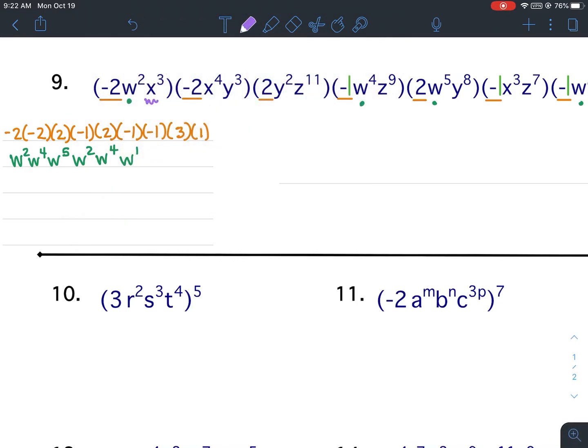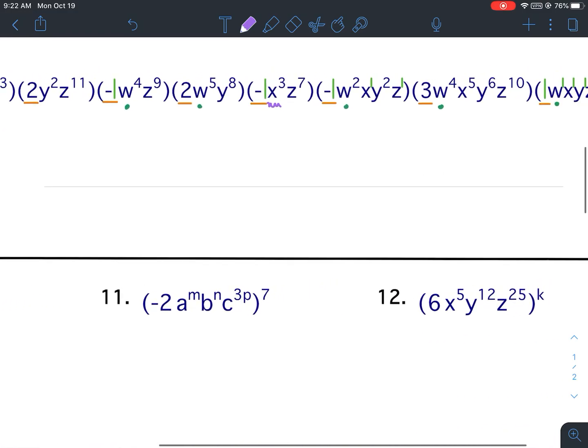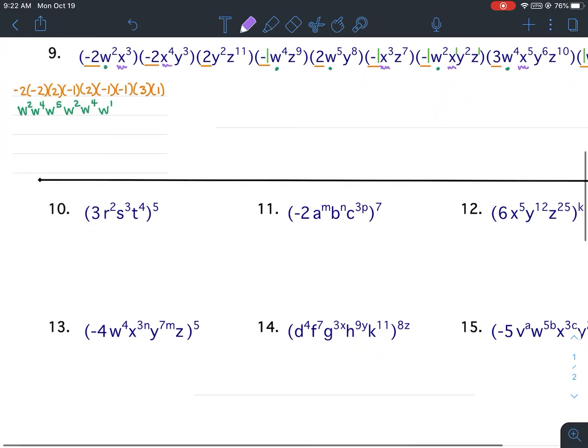I've got X cubed, X to the 4th, X cubed again, X to the 1st, X to the 5th, and X to the 1st. So X cubed, X to the 4th, X cubed, X to the 1st, X to the 5th, X to the 1st.